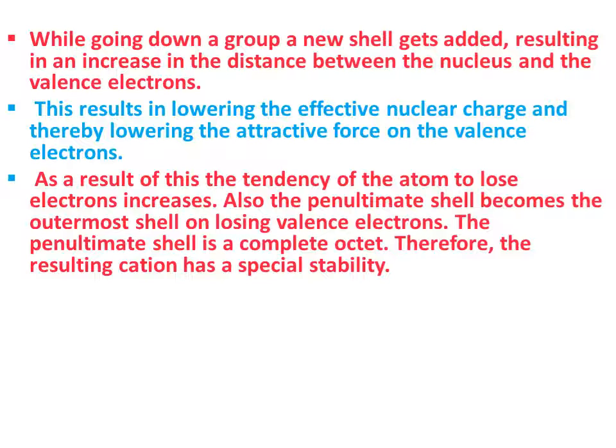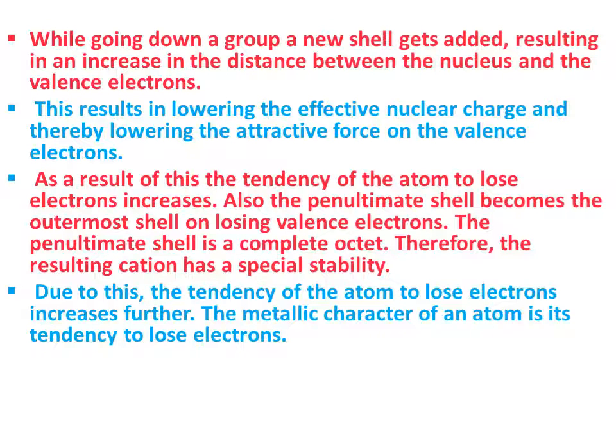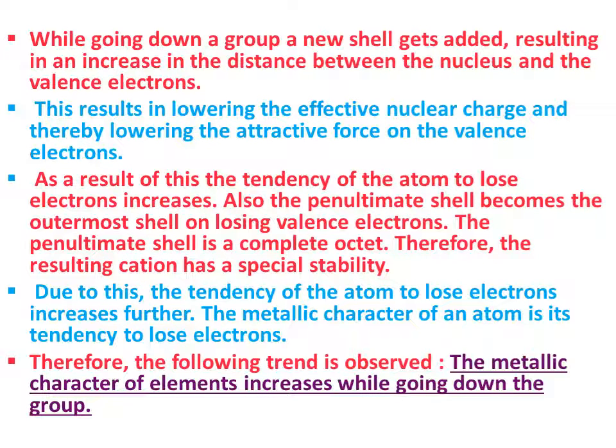The penultimate shell has a complete octet. Therefore, the resulting cation has a special stability. Due to this, the tendency of an atom to lose electrons increases further. The metallic character of an atom is its tendency to lose electrons. Therefore, the following trend is observed: the metallic character of elements increases while going down a group.